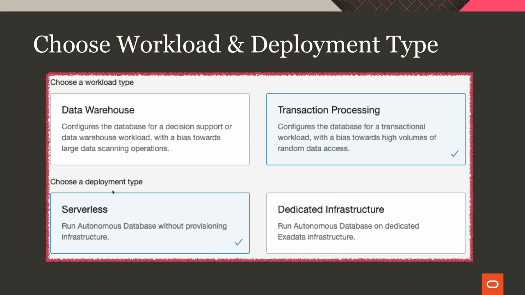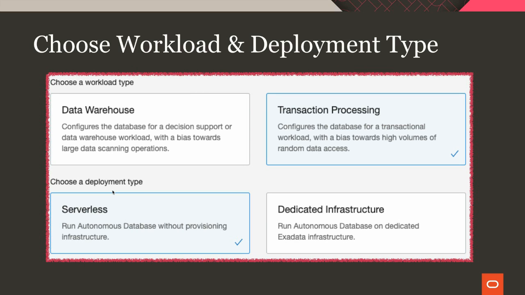Now you're going to choose a workload and deployment type. As I said, transaction processing is your kind of traditional relational database. We're not going to be doing any large data scanning operations, so we're not going to choose data warehouse for this particular instance. And our deployment type, serverless or dedicated. So with Autonomous Database, you have the option of running either in a serverless mode, which is essentially just a shared infrastructure, right?